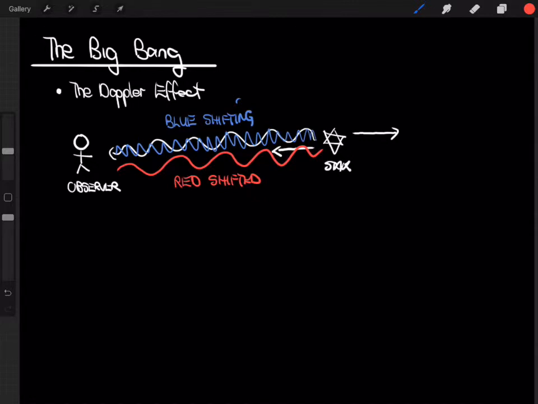So if an astronomer observes light coming from a distant star and sees it's redshifted, in other words, redder than normal, that means that star is moving away from us. If it looks bluer than normal, it's moving towards us.